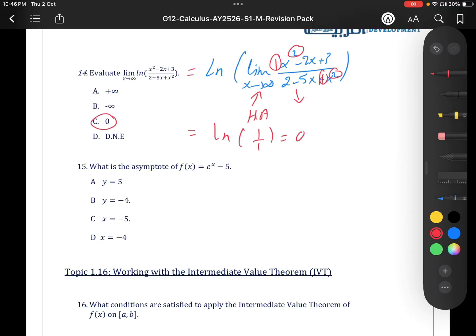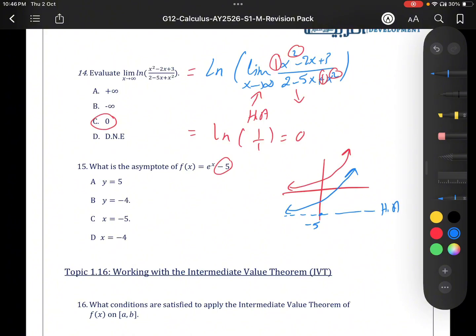Number 15, the exponential function has the following graph. So if you have a negative number, this means the graph is shifted down 5 units. And this is the horizontal asymptote.